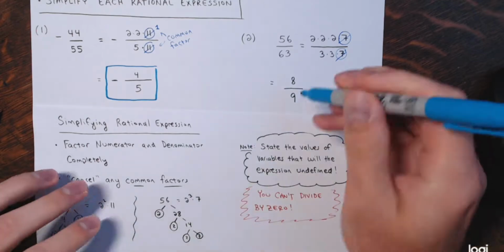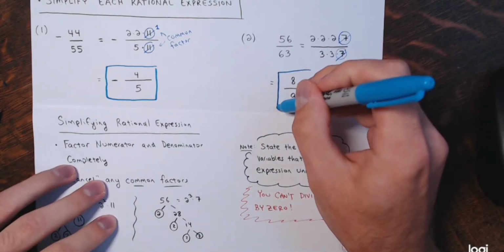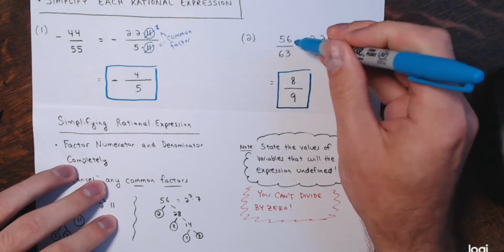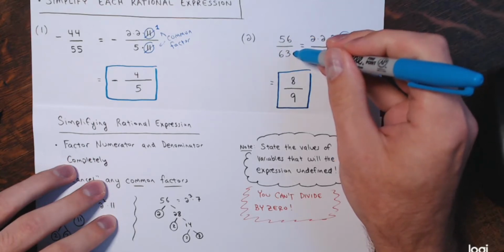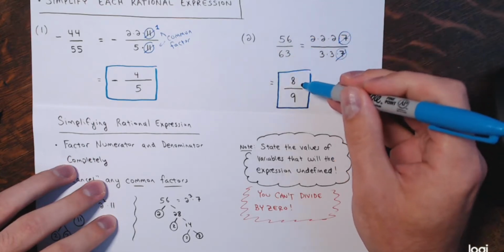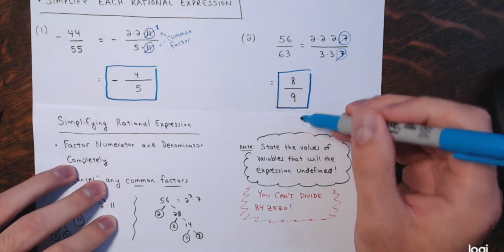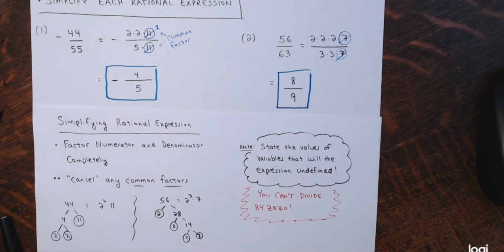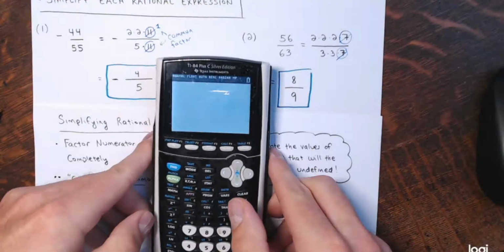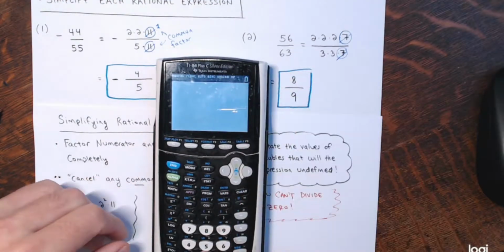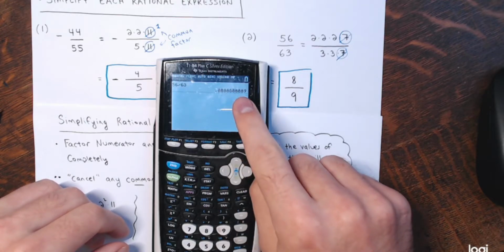And there we go. The 56 divided by 63, or 56/63, is the same value as 8 divided by 9, or 8/9. And if you don't believe that they're the same, maybe bring up a calculator: 56 divided by 63 is 0.8 repeating, 0.88888.